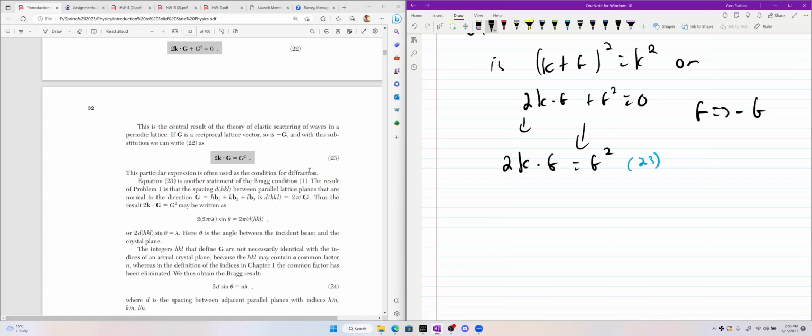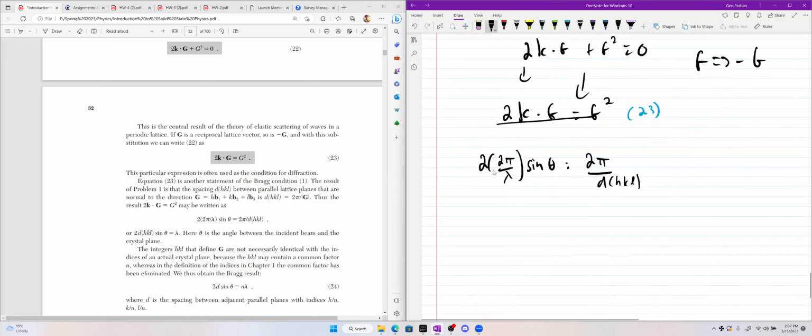The result of problem 1, a problem we haven't done yet, is that the spacing between parallel lattice planes that are normal to the direction G equals h b1 plus k b2 plus l b3 is 2 pi over the magnitude of G. So we can write this expression as 2 pi over lambda sine theta equal to 2 pi over d hkl, which looks like 2d sine theta equals, I guess it's the flipped version of that.